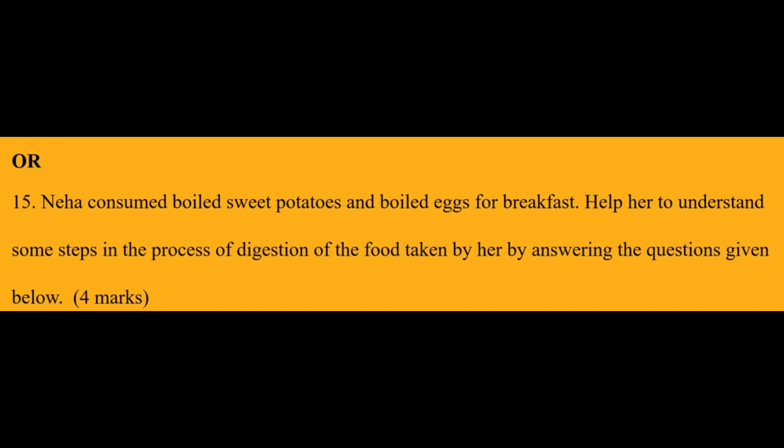Name the enzyme: pepsin is the enzyme, and to make the pepsin active, hydrochloric acid is required, which is available in the stomach. And the glands associated with the digestion here: it's the gastric gland that secretes hydrochloric acid and pepsin.